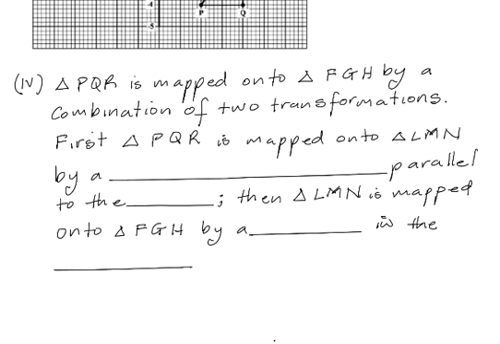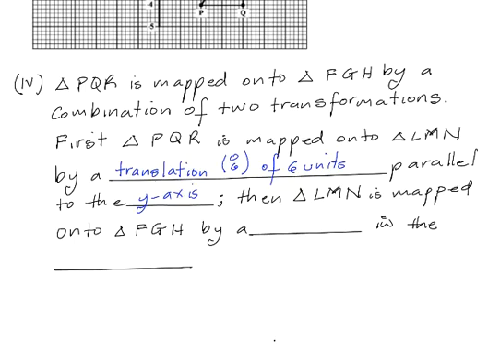So first triangle PQR is mapped onto triangle LMN by a translation. And this translation is 0, 6, a translation of 6 units parallel to the y-axis.